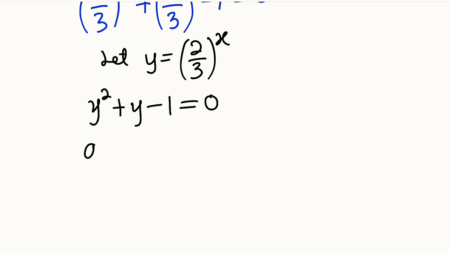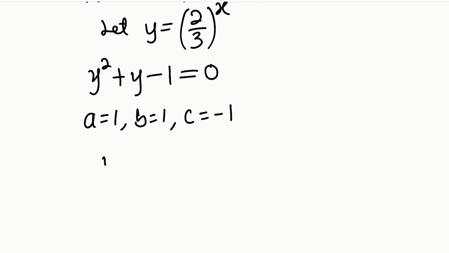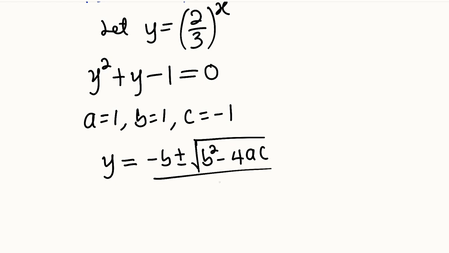The leading coefficient is 1. The coefficient of the middle term is 1 as well. And the constant is negative 1. Therefore, to find y, we use the general formula: minus b plus or minus the square root of b squared minus 4ac, divided by 2 multiplied by a.